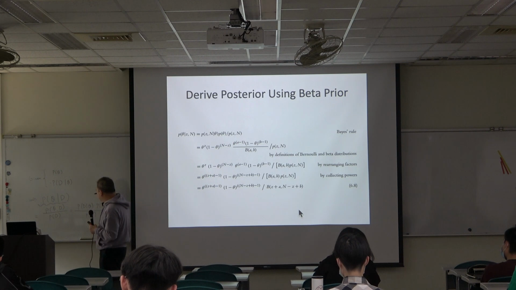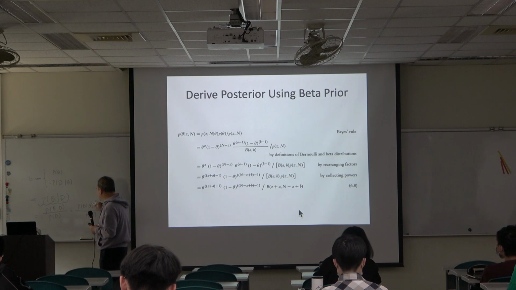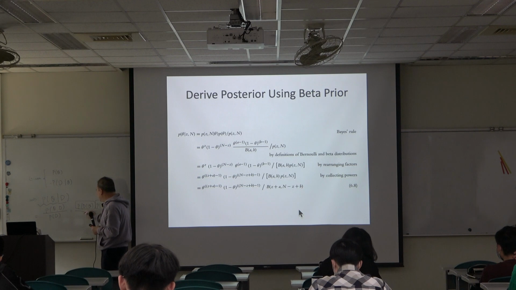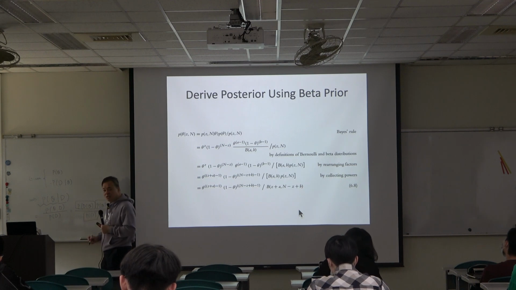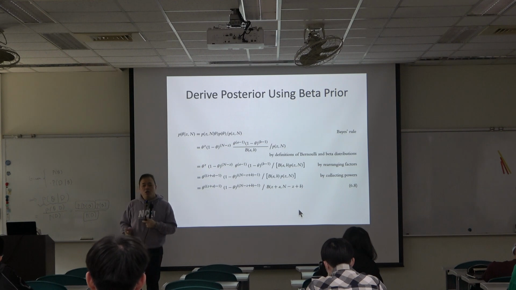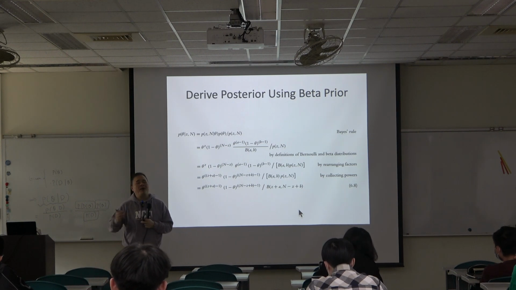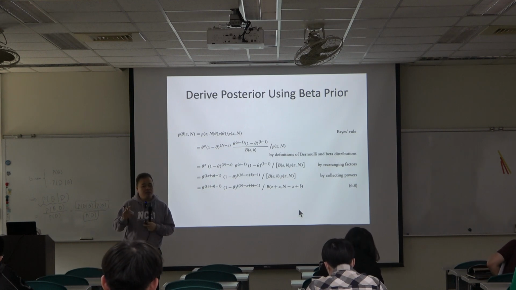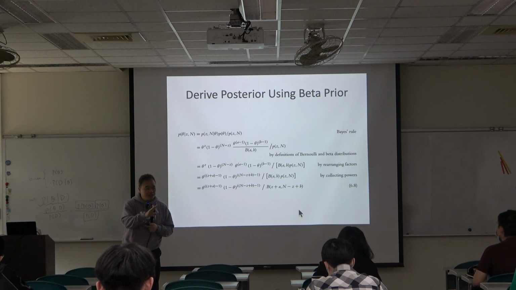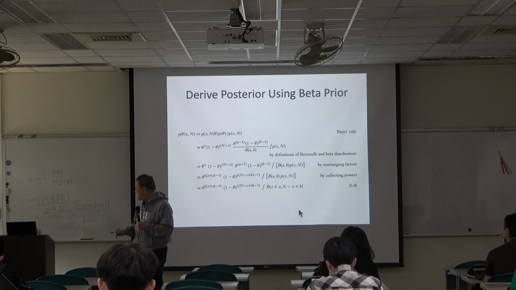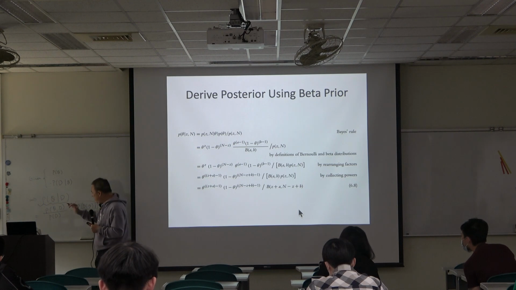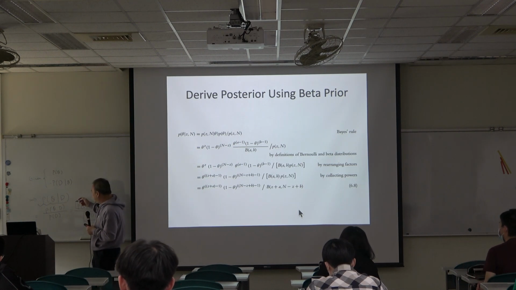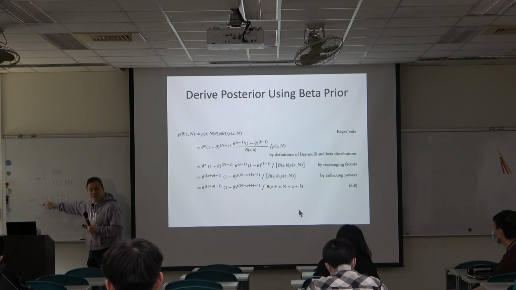So let me remind you once again, this represents the prior, this represents the likelihood, and this is the probability of the data over all possible model parameters. The lower one, P(D), is a constant, right? Because remember, this is the posterior.